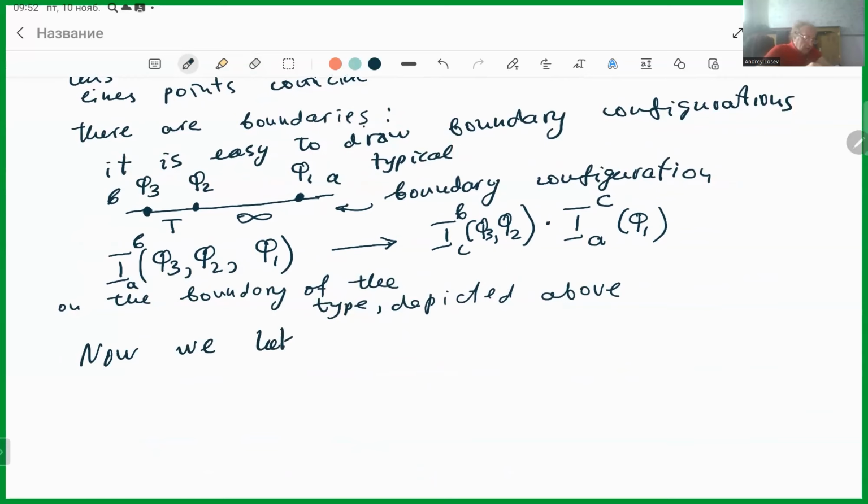Now we take the integral of our boundary component.